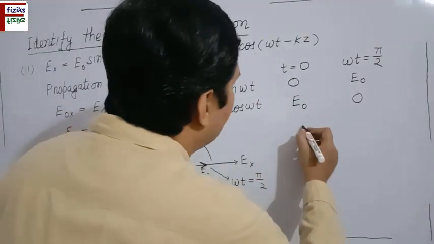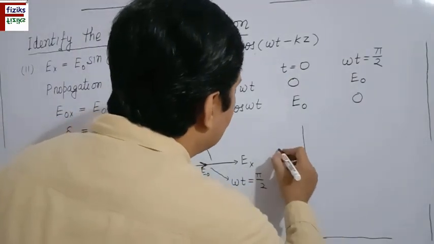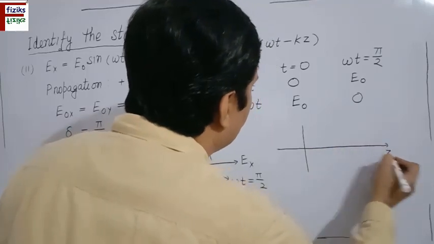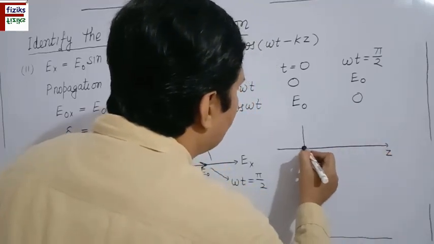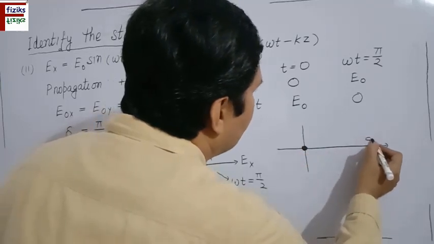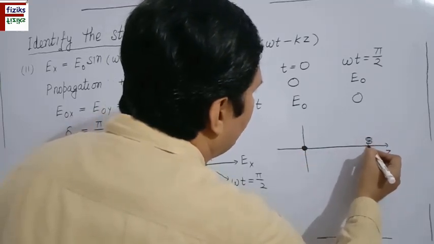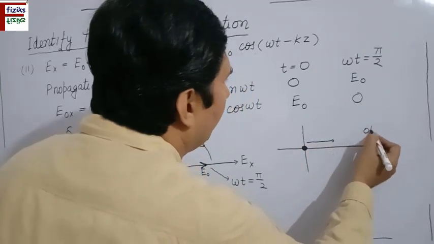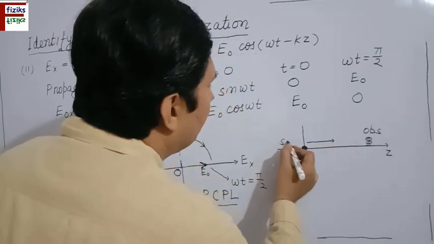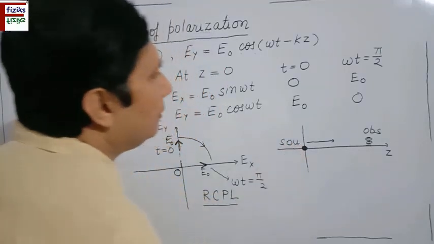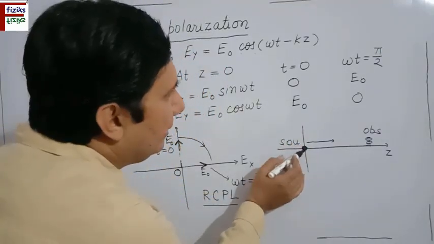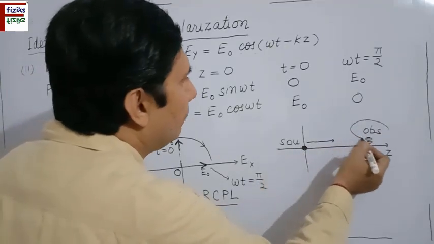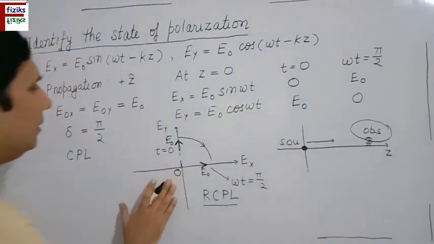So what I am saying is, suppose this is the Z direction here, and this is the source here, and the observer is standing here at this point. So light is propagating towards this observer. This is the observer, this is the source here, and light is moving towards the observer. So whatever the observer is observing, that plot will be here.